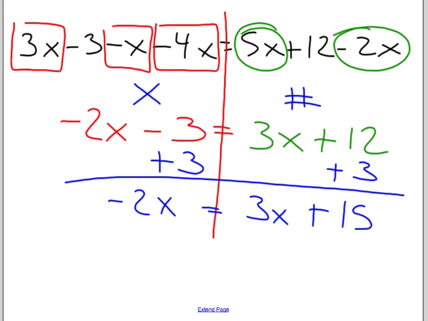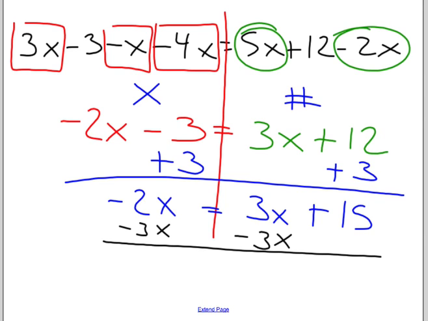Then how do I get the positive 3x moved? Subtract it. Yep, do the opposite. So negative 2 minus 3 equals negative 5x equals 15. So x would be negative 3.